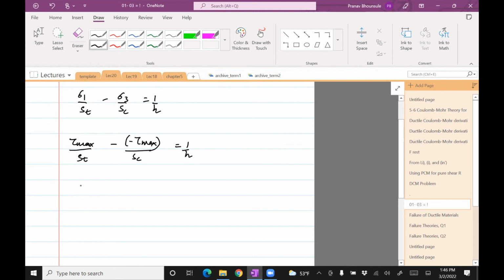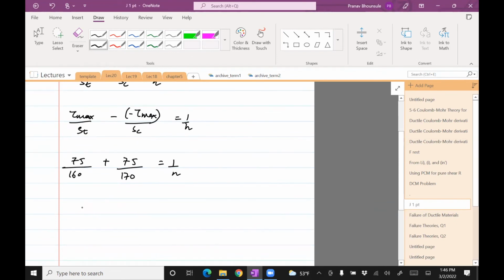So 75, ST is 160, plus 75 divided by 170. So N comes out to 1.1.